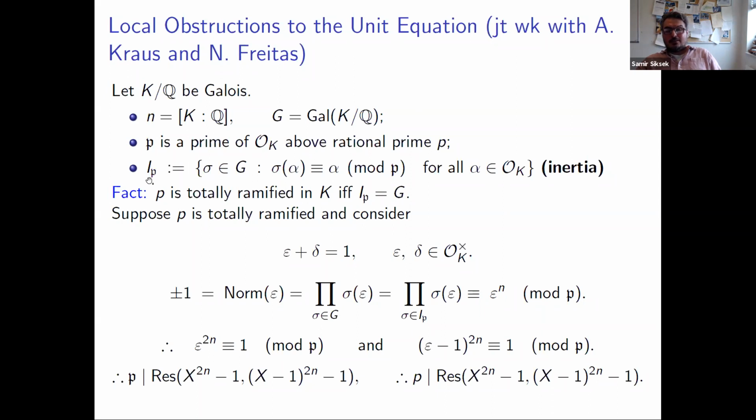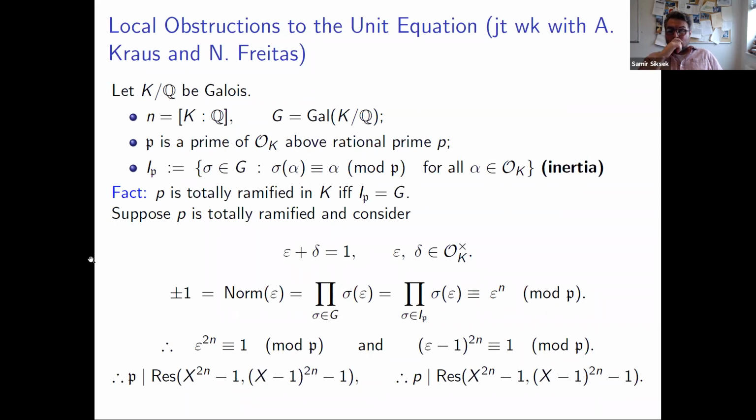It's the elements of the Galois group such that sigma alpha is congruent to alpha mod P for all alpha in the integers. So they act trivially on the residue field. This is the inertia subgroup. There are different ways of defining what it means for p to be totally ramified in K, but one of them is that inertia is equal to the whole Galois group.